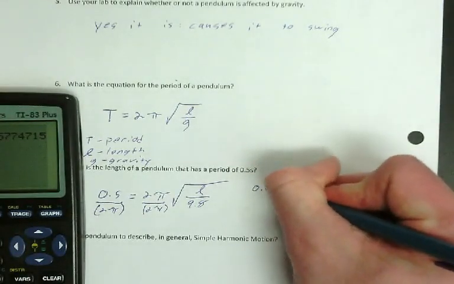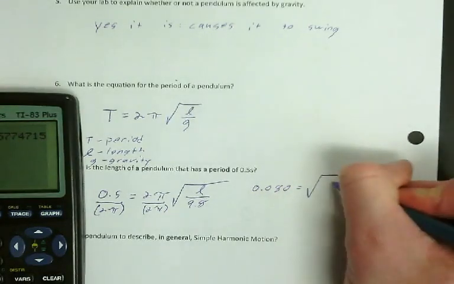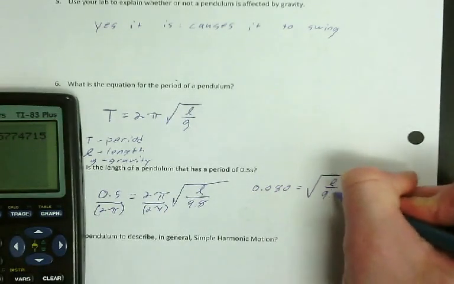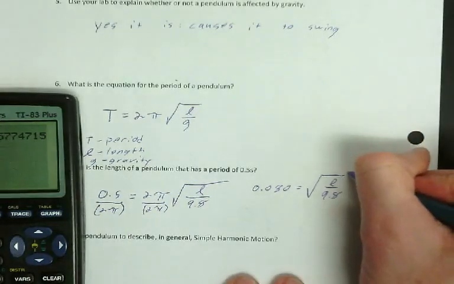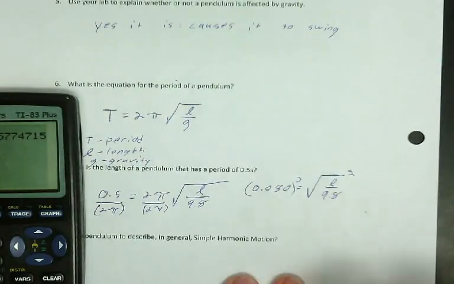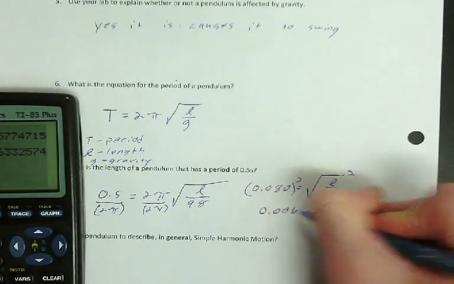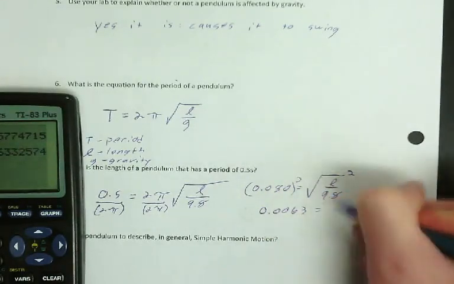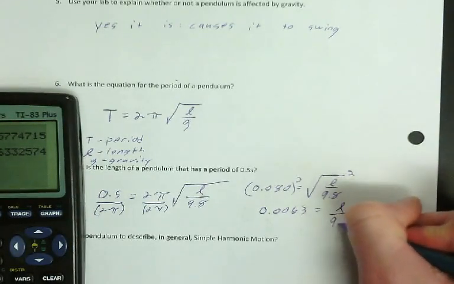So 0.080 equals the square root of L over 9.8. Now, I need to get L by itself, but that square root's in the way. So I'm going to square everything to get rid of that square root. I'm going to square the 0.08, and that gives me 0.0063. And when I square a square root, I get just the things that are underneath it, which is L over 9.8.